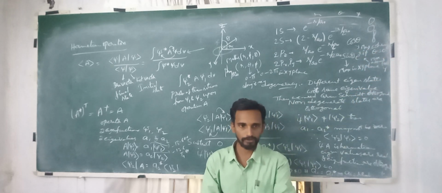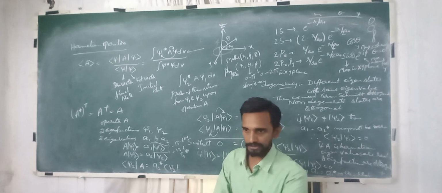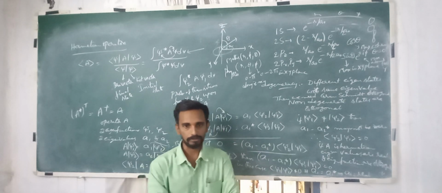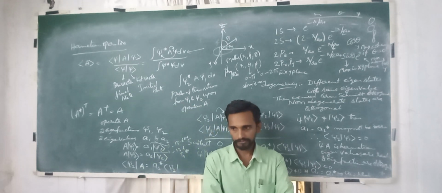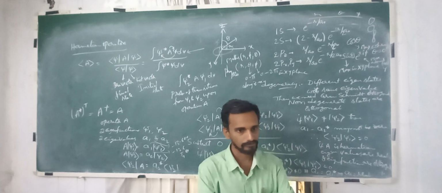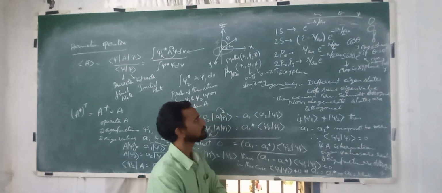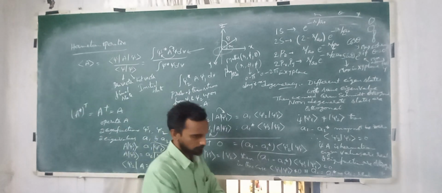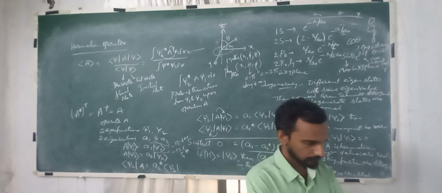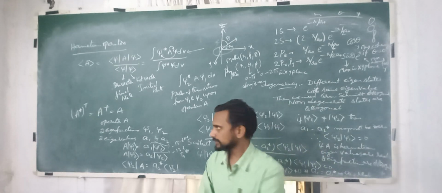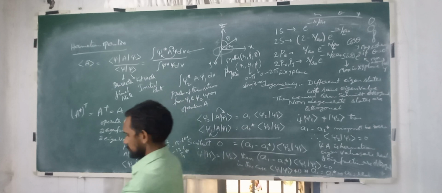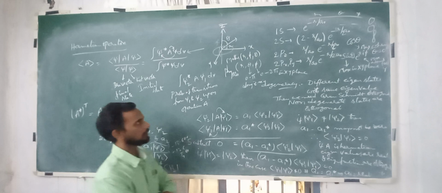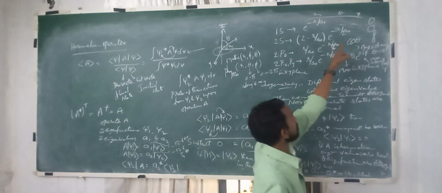If you resolve that phi component into 2 perpendicular components, then the remaining 2 states also will become orthogonal. So that is how we use Gram-Schmidt orthogonalization for degenerate states. And if the states are not degenerate, they will be automatically orthogonal.